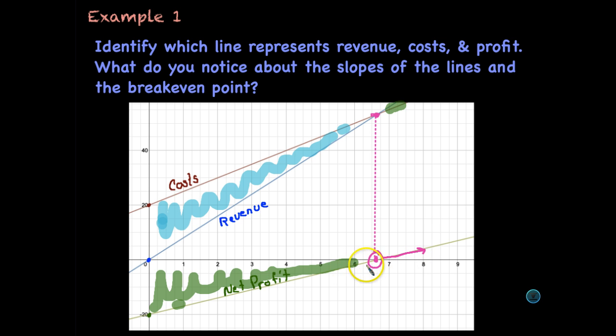So we have to sell a minimum of 6.5 or 6.6 units before we actually start making a profit. It's no coincidence that the break-even point will always correspond to where the net profit crosses our x-axis. Remember, our x-axis represents the number of units sold or produced.